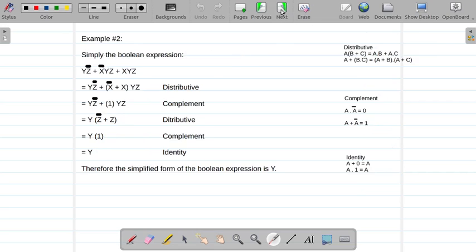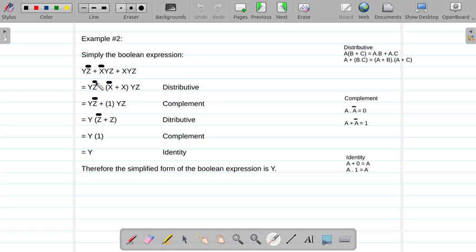So, the next example is to simplify the Boolean expression Y complement Z or complement X YZ or XYZ. We need to simplify this.